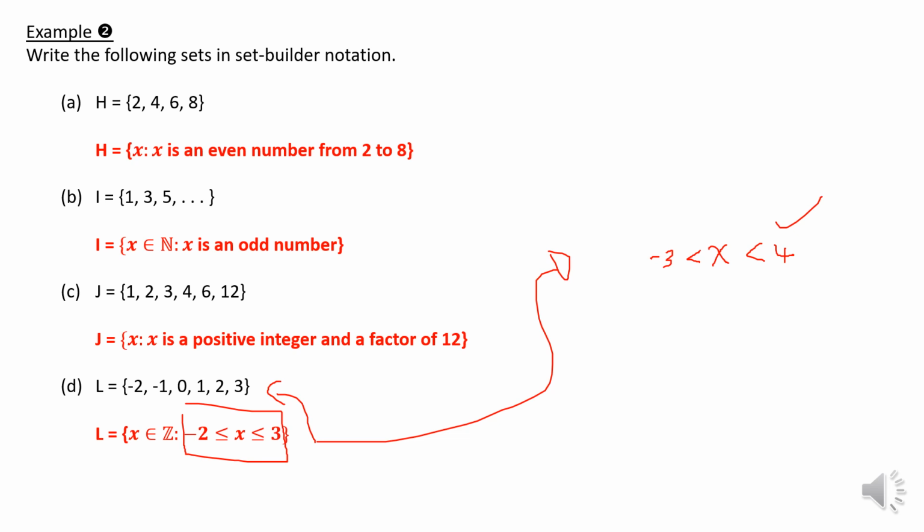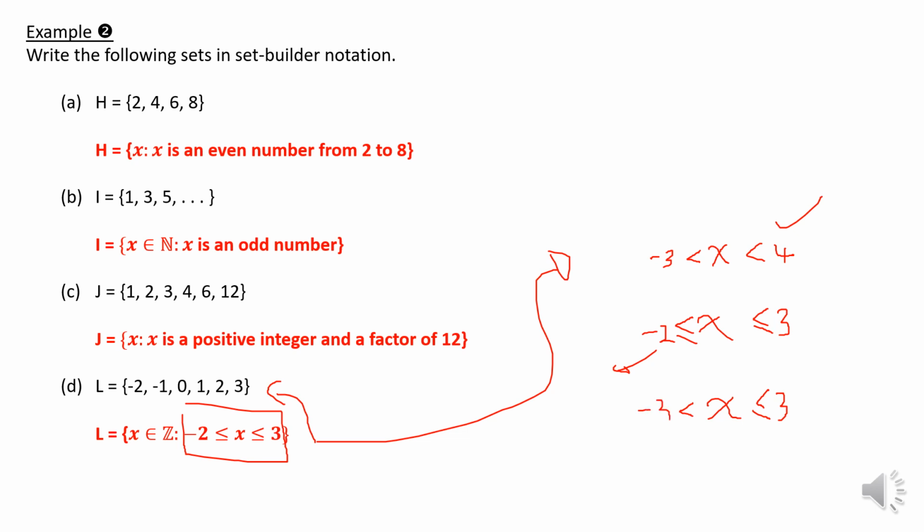Another way that someone can write this is x is less than or equal to 3, as you can see, and then it is also greater than or equal to -2, which is the one that I have taken. Another one: x is less than or equal to 3 and x is greater than -3.